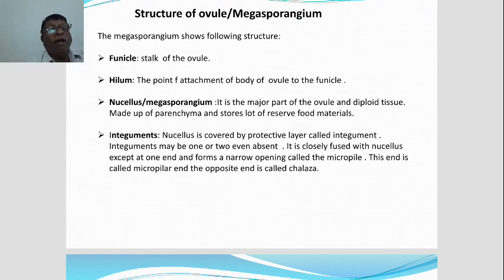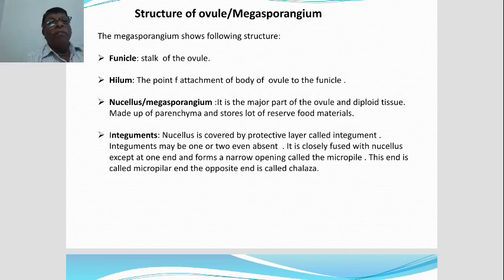Now, very important point for the examination is structure of ovule or explain the megasporangium. Don't confuse in the examination. For both questions, answer is only one.